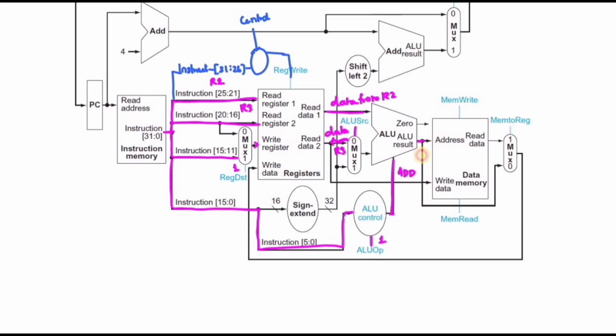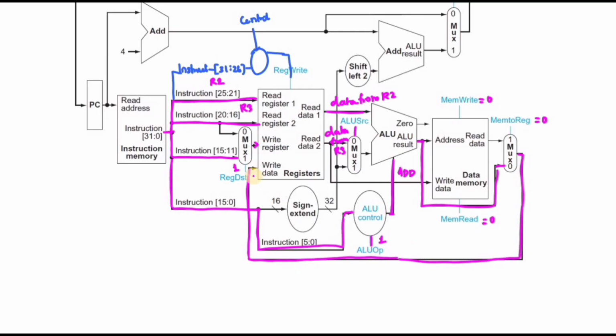Then the ALU result goes to the next mux, so memory to register must be equal to 0. From there it will go to the write data.